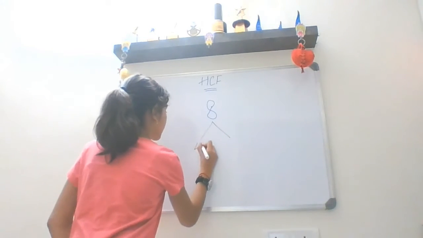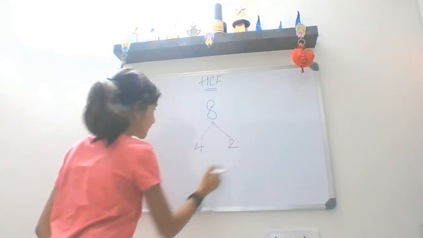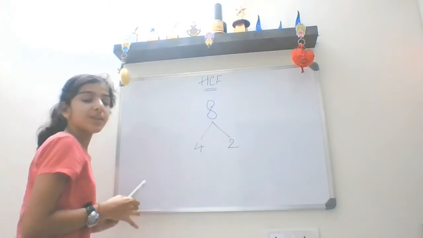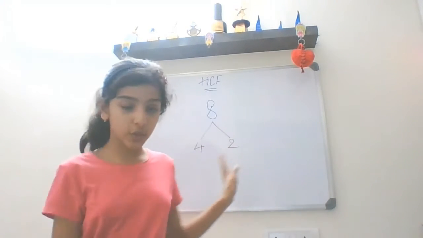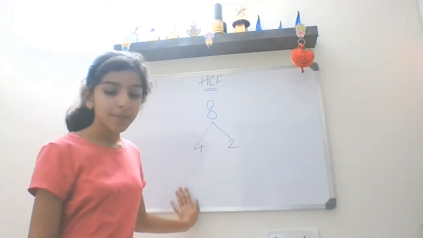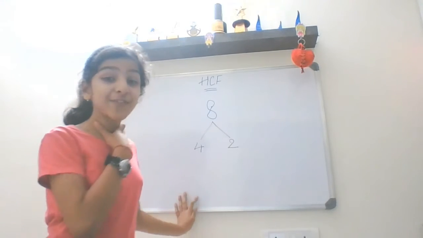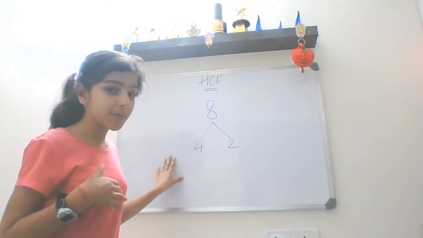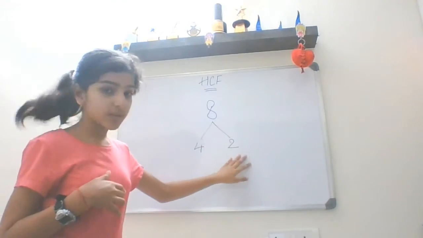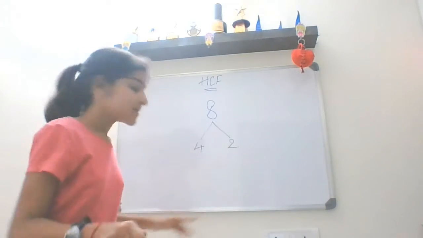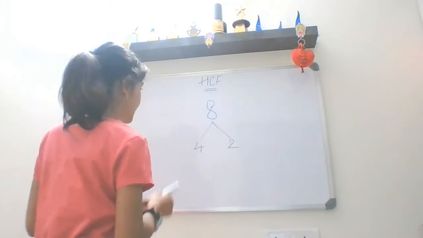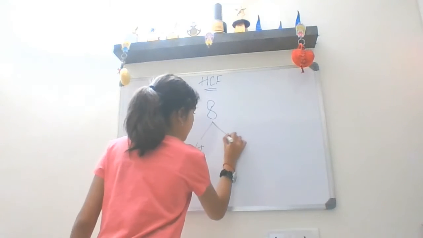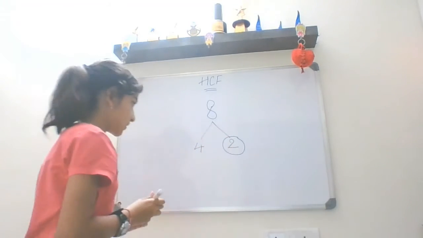Okay? Now, the second step is look at these factors. If any of the factors are prime, circle them. Okay? So 2 is prime, so we can circle it.